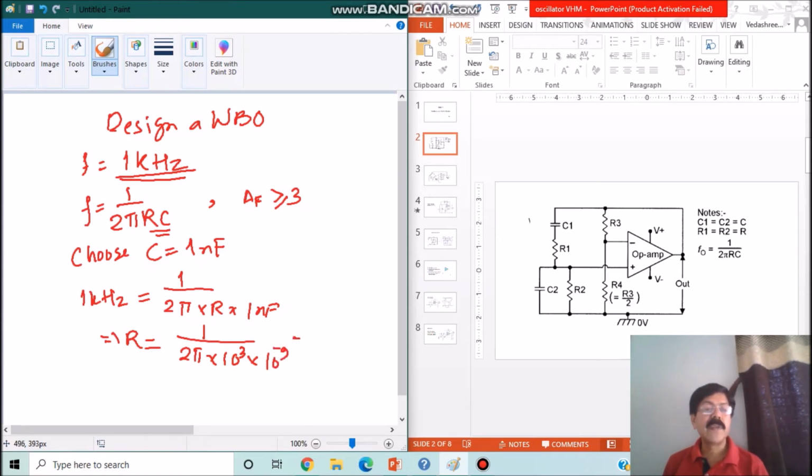Eventually this will be 10 to power 3 into 10 to power minus 9, which is 10 to power minus 6. So bringing this denominator into the numerator, it will be just 10 to power 6 upon 2 pi.